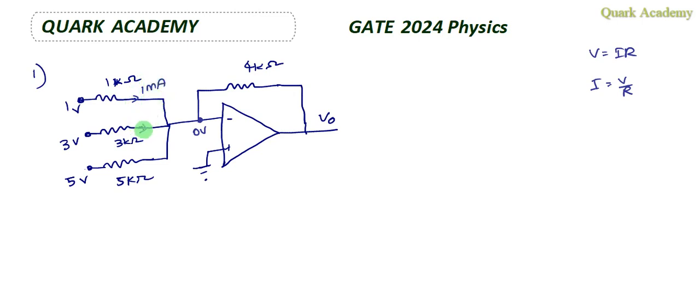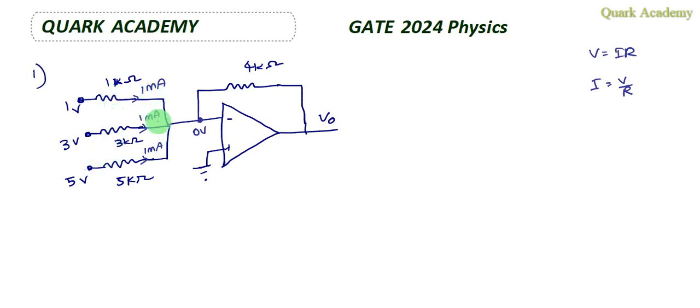Similarly here also 1 milliampere, and here again 1 milliampere, because the potential difference for the first resistor is 1 volt. 1 minus 0, 1 volt. Here 3 minus 0, 3 volt. Similarly here 5 minus 0, 5 volt. And if we divide the resistance we'll get 1 milliampere on each input.